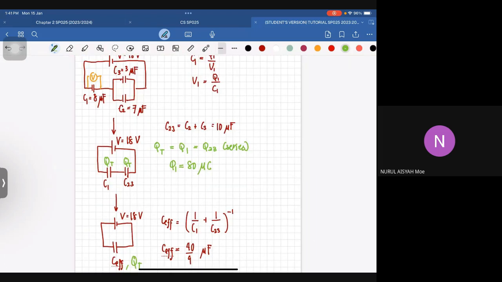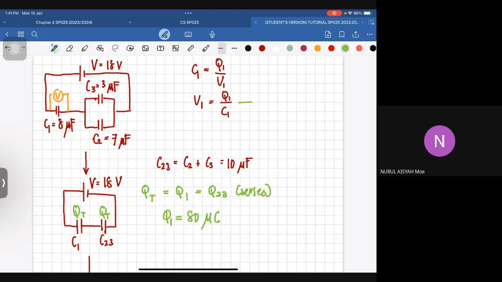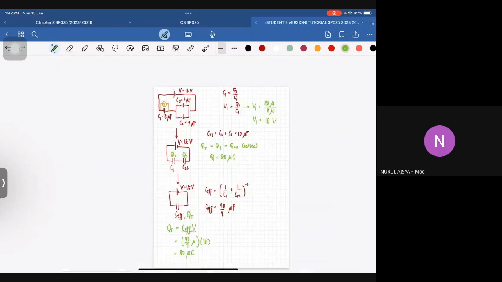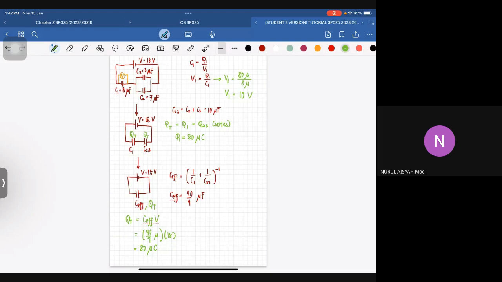So from here, kita just perlu substitute dalam this equation, which is 80 micro divided by C1, which is 8 micro. So giving us the voltage across capacitor 1 to be equal to 10 volt. Alright, ada masalah di sini? Boleh faham?